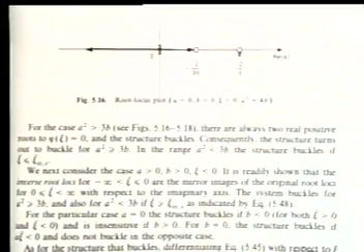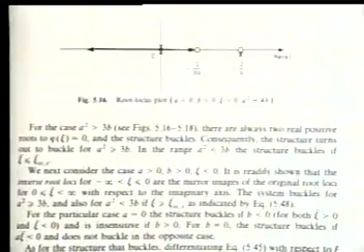In the range a square smaller than 3b, the structure buckles only if the initial imperfection is smaller than some critical initial imperfection. And this critical initial imperfection, I find it analytically. I will write it down for you.